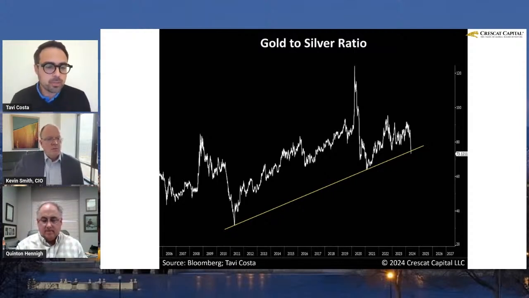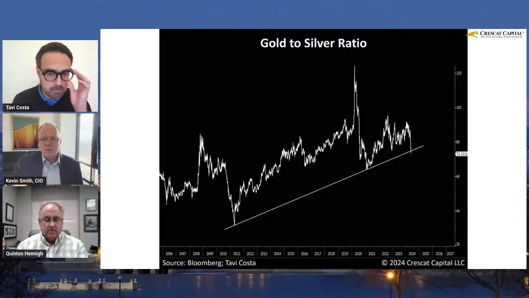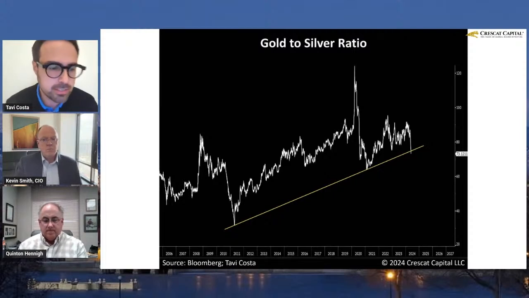But the gold to silver ratio, I think, had an important development recently, and something that I don't think a lot of people have been paying close attention to. Today has been a different environment, but if you think about what happened so far this month, if I recall, silver is still up about double digits this month, and gold is up, I think, low single digits, 1 or 2%.